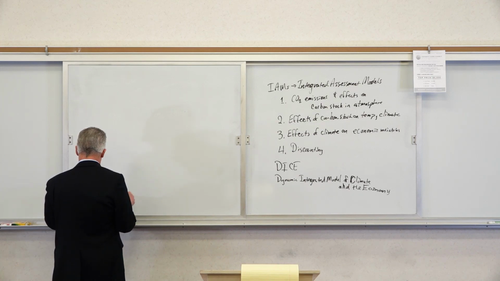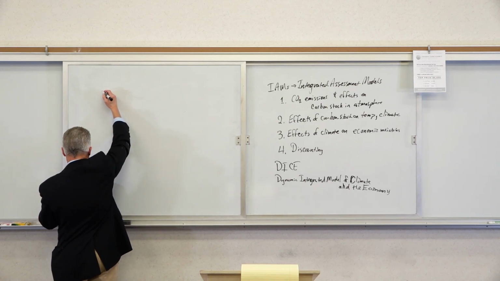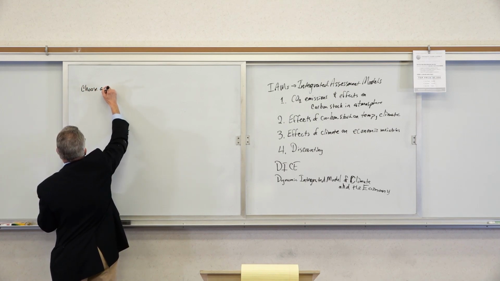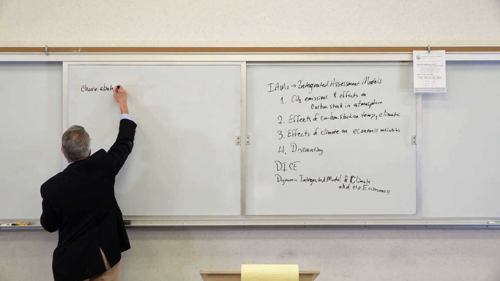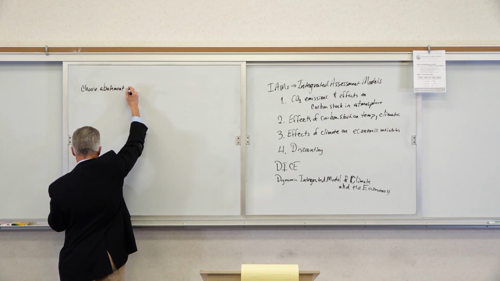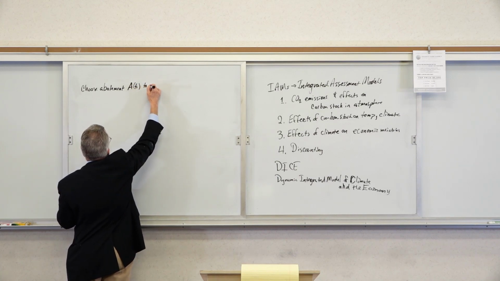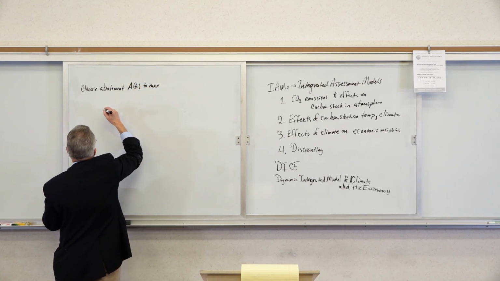And so here's what we're doing. We will choose abatement. That's the control of carbon emissions, and that's A_t, to maximize.